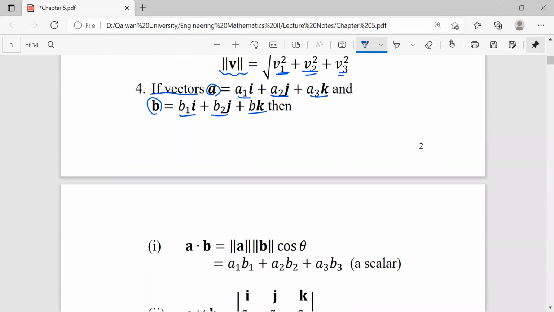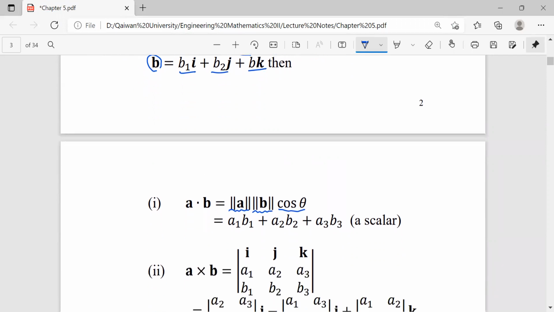The first is the magnitude of a multiplied by the magnitude of b times cosine theta, where theta is the angle between these two vectors. Or we can use this other rule.